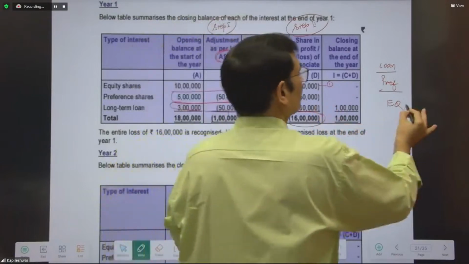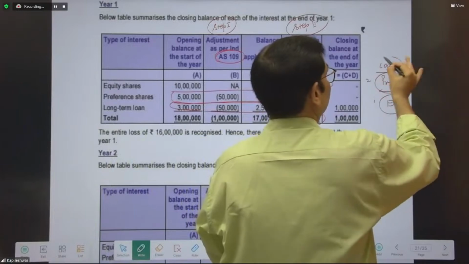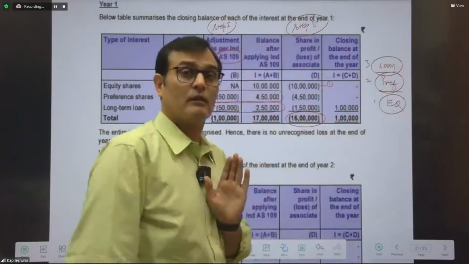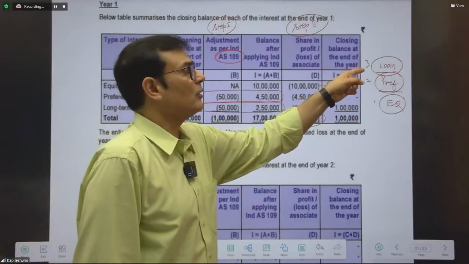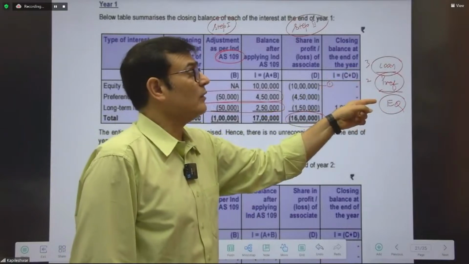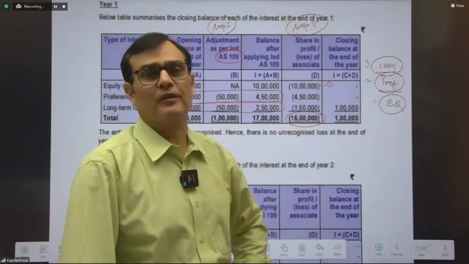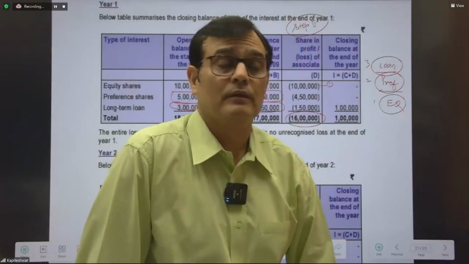So the losses should be given first to equity, then to preference, then to loan, the reverse order in which payments are made. Payments are made in the order 1, 2, 3, so losses will be given in the reverse order.